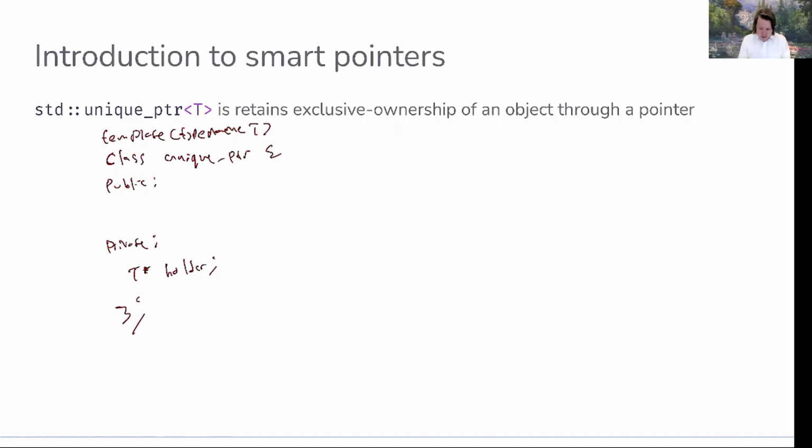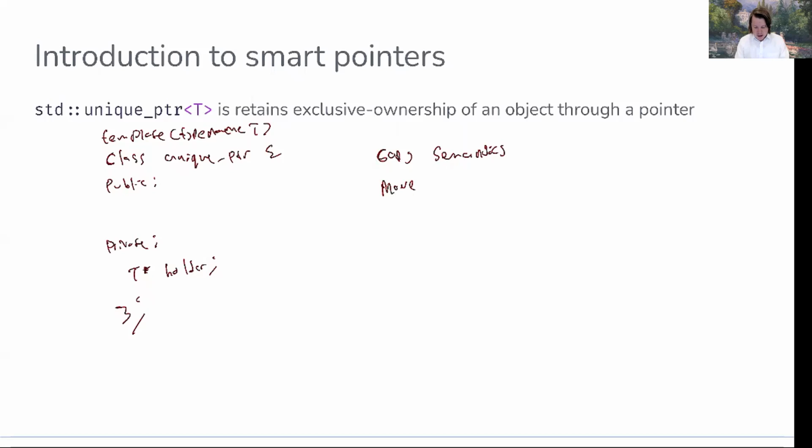We said that copy semantics were disabled because this pointer here owns exclusively the object that is being pointed to through holder in this diagram. And if we were to initialize another unique pointer, or even assign one unique pointer to another, that's kind of violating our assumption of ownership, unless that assignment or construction constituted a resource transfer, as we saw with the move semantics.